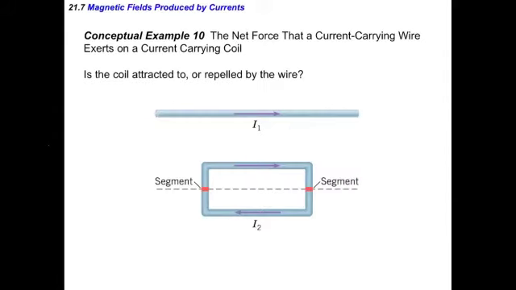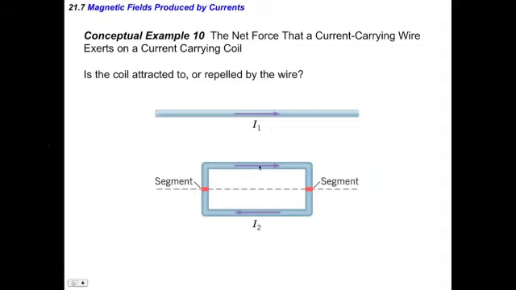Tomorrow we'll be taking a look at a problem similar to this. If you look in your book, it's conceptual example number 10 in chapter 21. It wants to know about the net force a current-carrying wire exerts on a current-carrying coil. The question basically asks: is the coil attracted to or repelled by the wire? Does this wire make this loop attract or repel away?